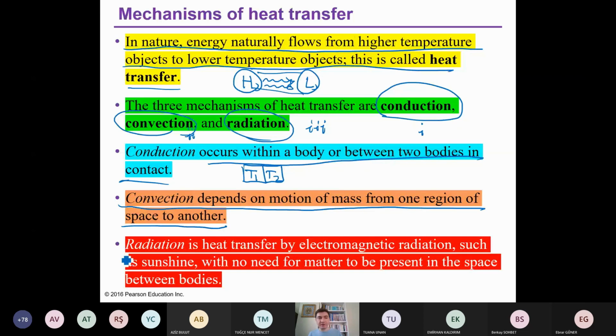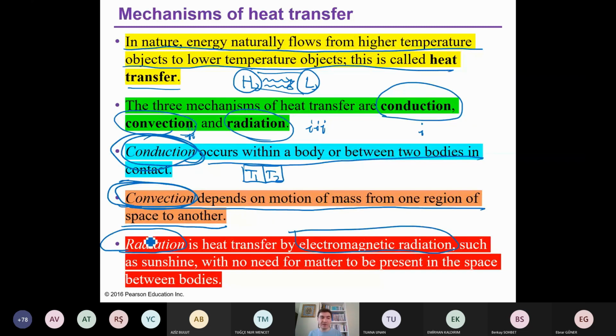And then the last one is radiation. Radiation is heat transfer by electromagnetic radiation. In conduction and also in convection, you need a medium, you need a material. But in the case of radiation, you don't need any medium. Heat transfer can be done without any medium by electromagnetic waves.